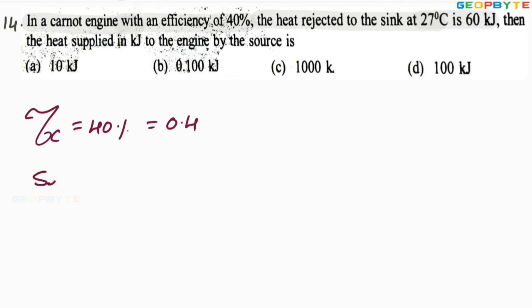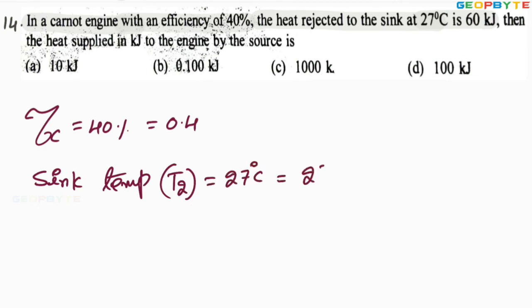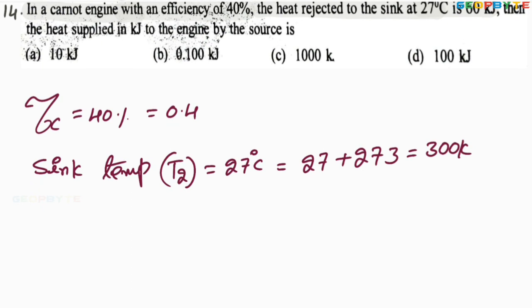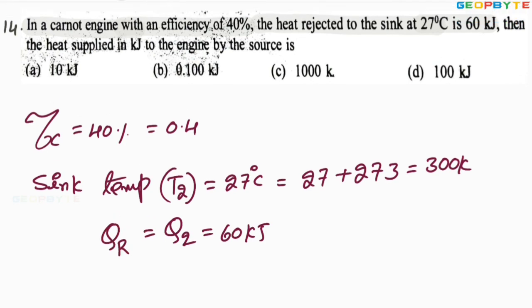Given that sink temperature, generally marked by T2, equal to 27 degrees centigrade equal to 27 plus 273 equal to 300 Kelvin. The amount of heat rejected at this temperature, that is Q2, equal to 60 kilojoules. Your heat rejection I marked as Q2.